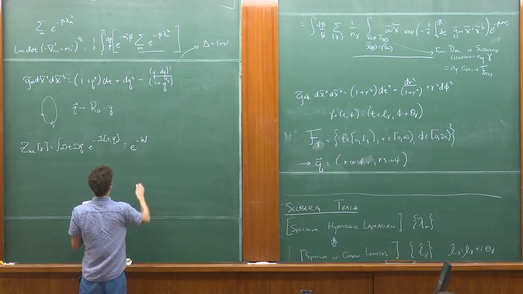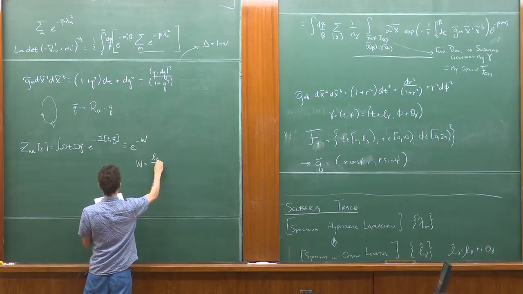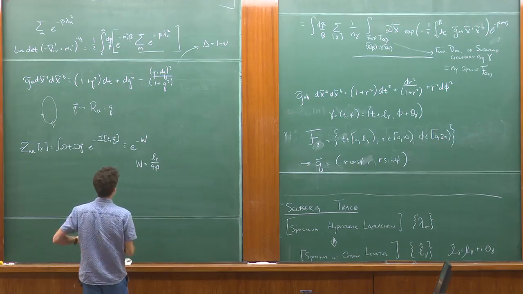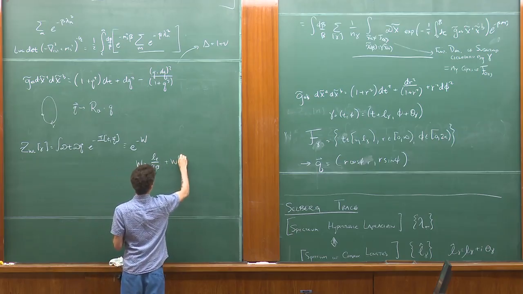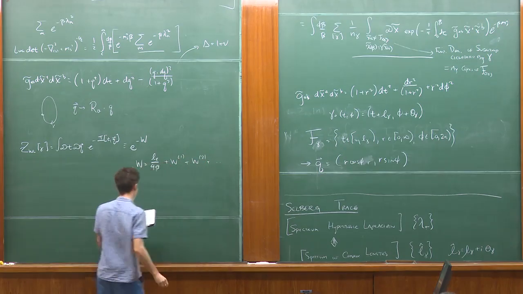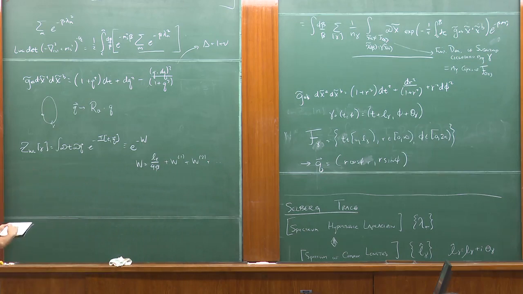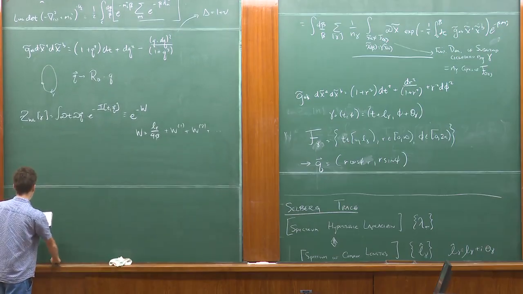And this W will have an on-shell term, which will be just the geodesic length. You'll have a one-loop term. You'll have a two-loop term, and maybe more. And amazingly, for the one-loop term, there's a canonical transformation that we can make.